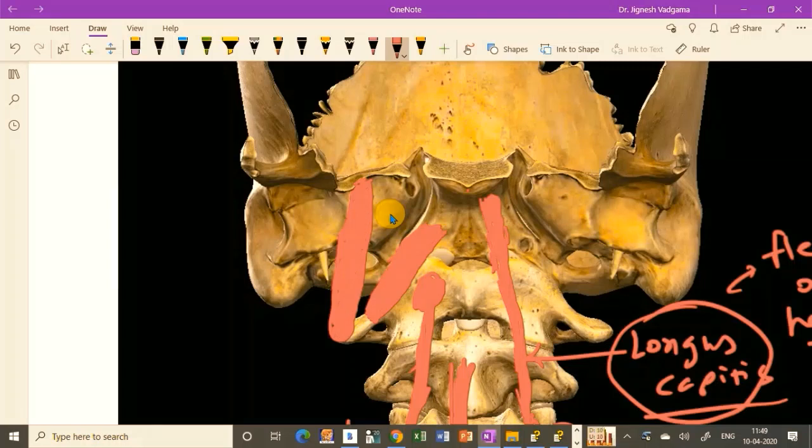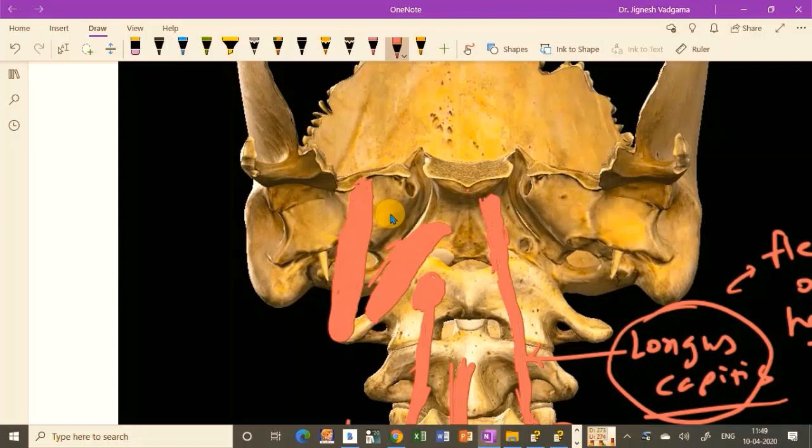So one more time, rectus capitis anterior is going to arise from the root of the transverse process of the C1 and the anterior aspect of the anterior arch of the atlas vertebra, and it passes upward and medially and reaches just in front of the occipital condyle, where it gets inserted.